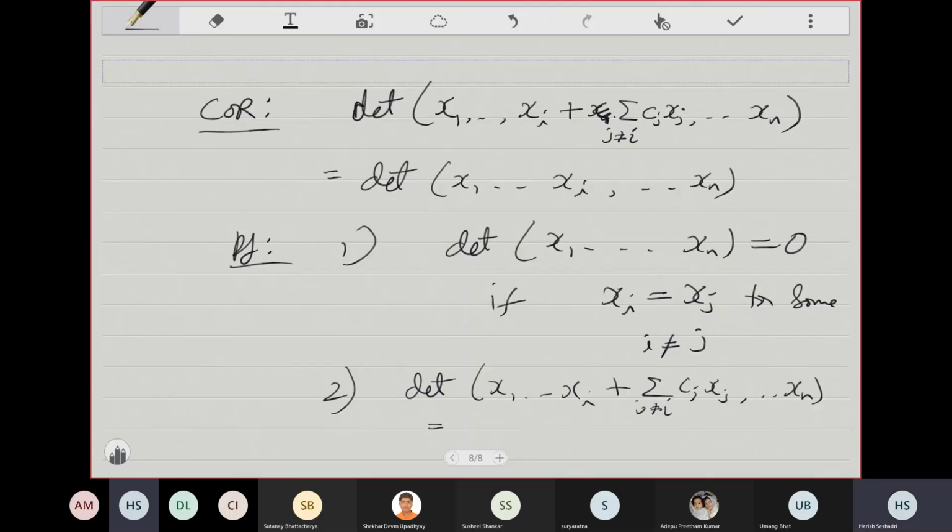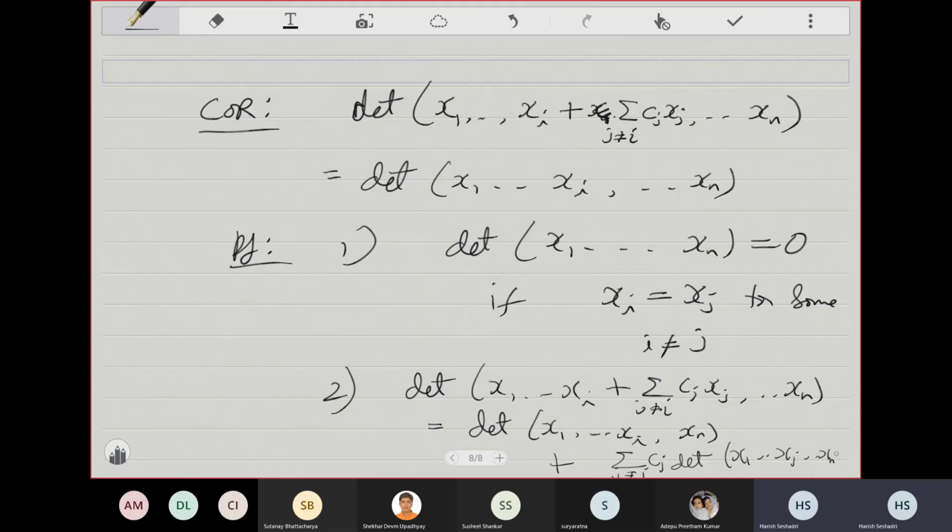The multilinearity property will tell you that this is the same as determinant of x1, xi, xn plus summation over j not equal to i of the determinant of, cj I can again bring out, x1, xj, xn.